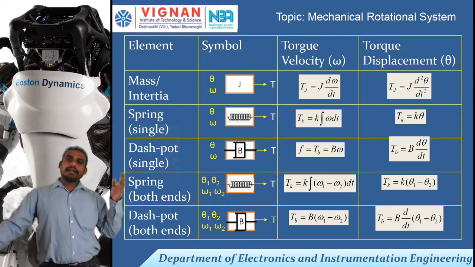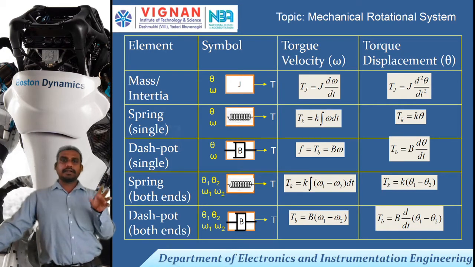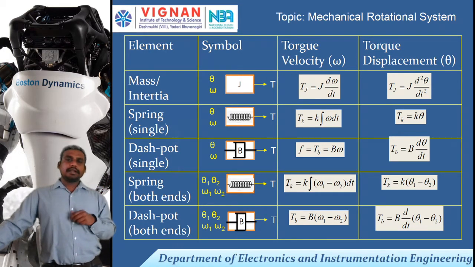In the mechanical translatory system you would have observed Fm, since it is a mass and we represent a force there. Here the force is represented as torque because it is angular. Similarly, for displacement, this is the formula.